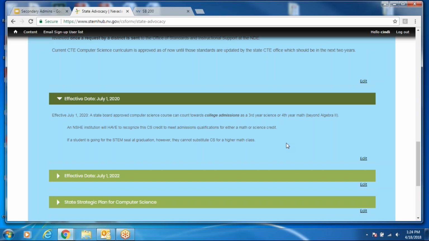They need to take calculus or whatever higher math class is available for them. So perhaps that student would consider substituting the course for their third-year science, for example. But that's 2020. That gives our higher ed institutions an opportunity to prepare for that.